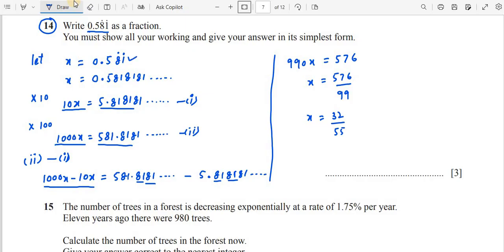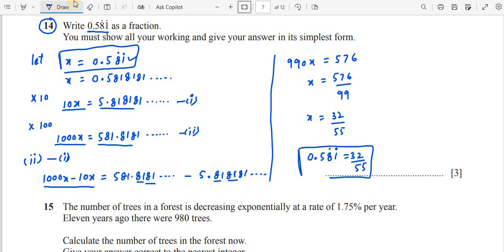So x, which is 0.581 with 81 repeated, is equal to 32 over 55. This is the final answer.